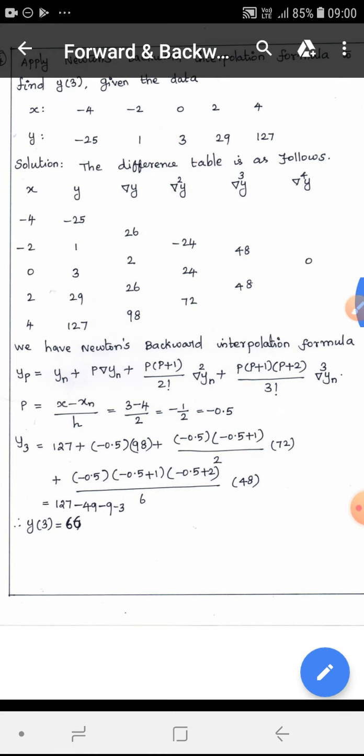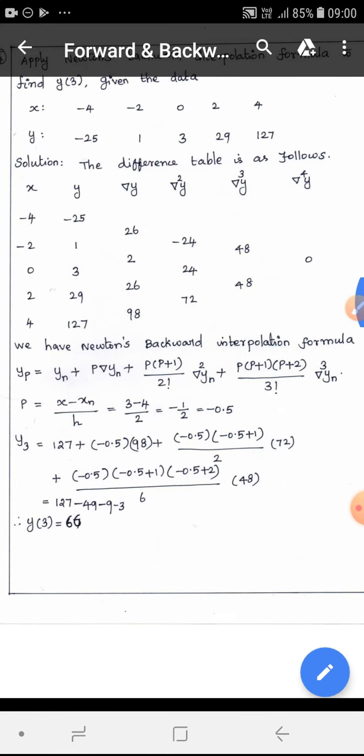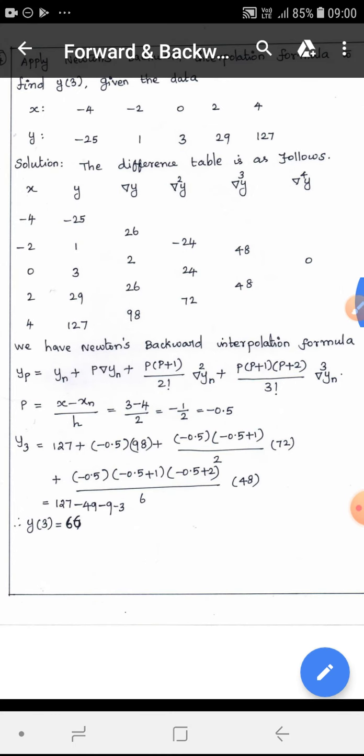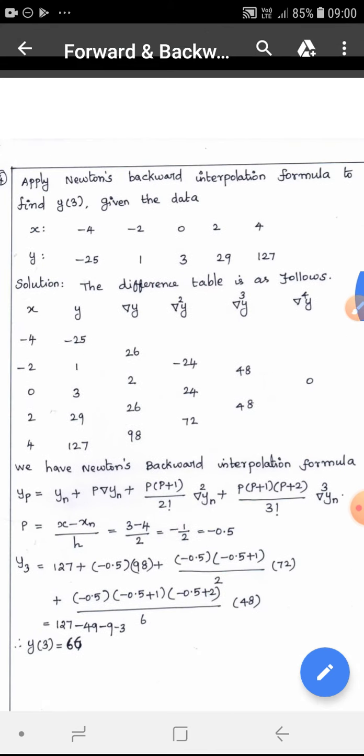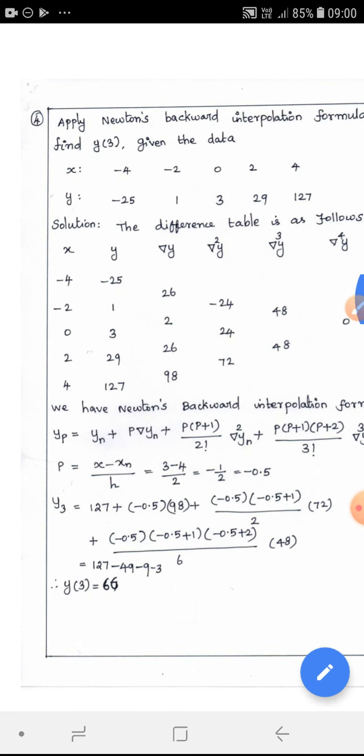You can use the letter p, or you can write the formula by using the letter r. P or r doesn't make any difference. So p or r will be equal to x minus xn divided by h. X means that x value at which y is to be calculated, 3.